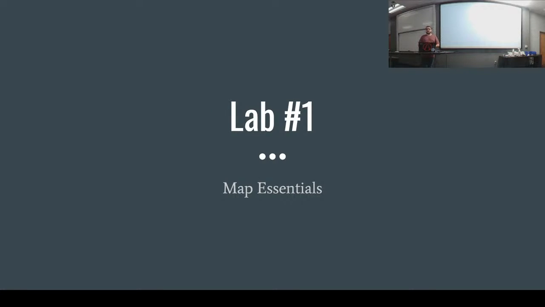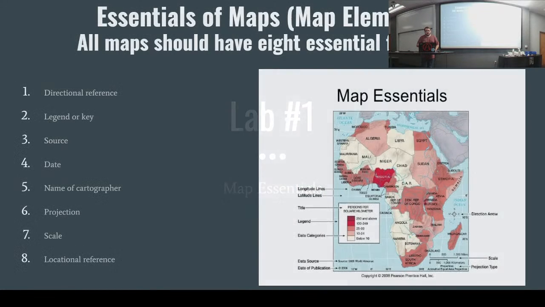Alright. So first we're going to get into lab 1, which is map essentials. If you guys remember way back to lab 1, maps should have all of these things as a part of it to be considered a good map.